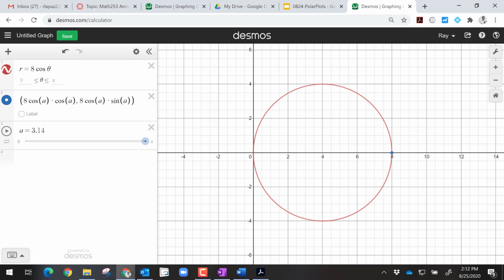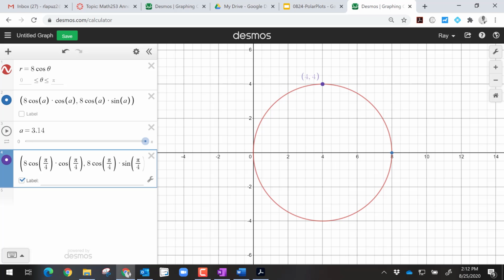So remember those theta values that gave us the points? We had some points at pi over 4. So we're up here. That's one of the horizontal tangents.